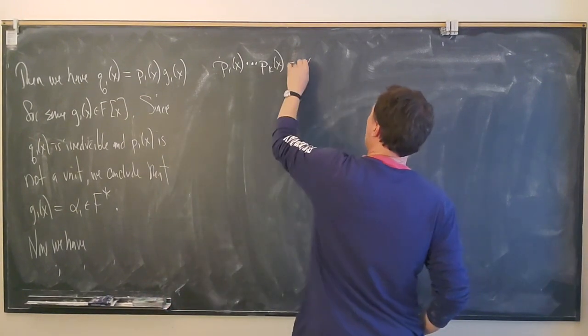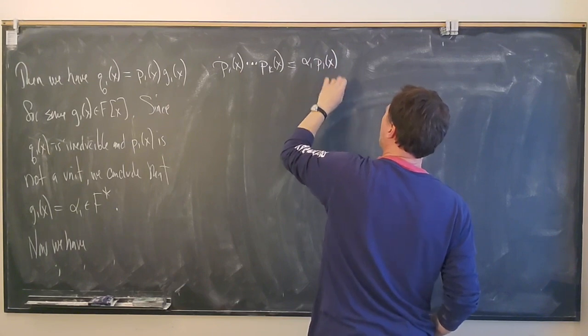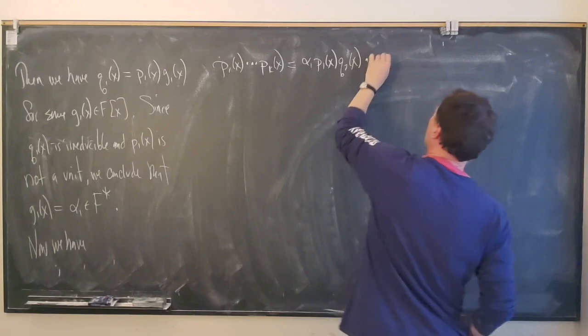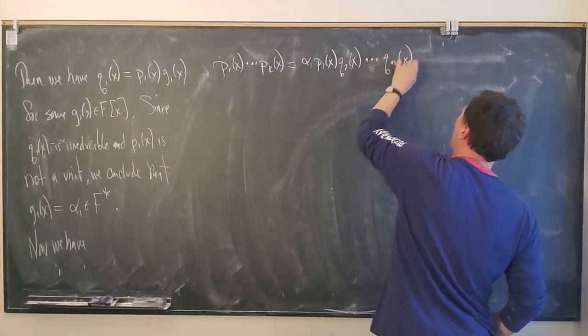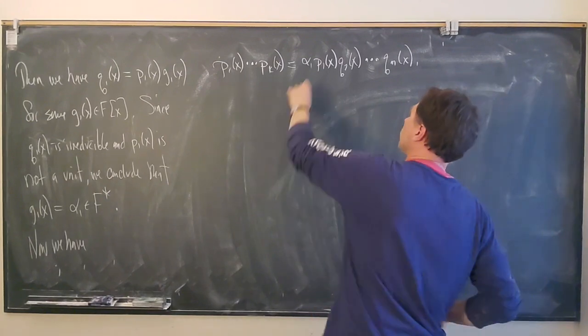So this will be alpha 1 P1 of x, and then it'll be Q2 of x dot dot dot Q sub m of x. Now we can apply cancellation.